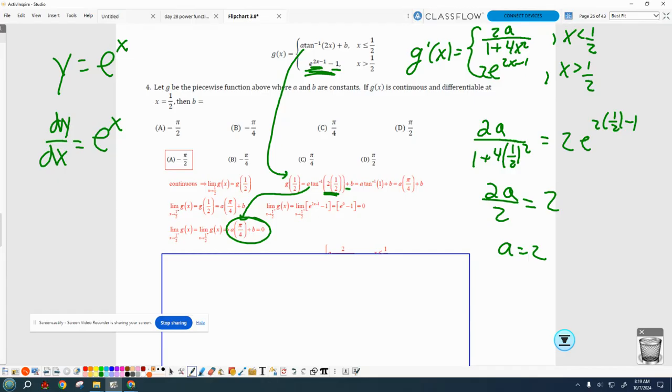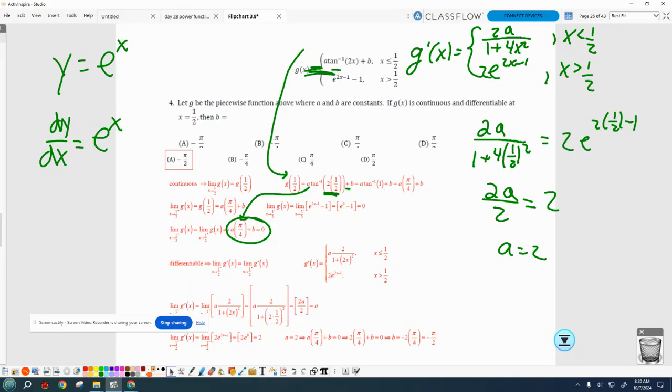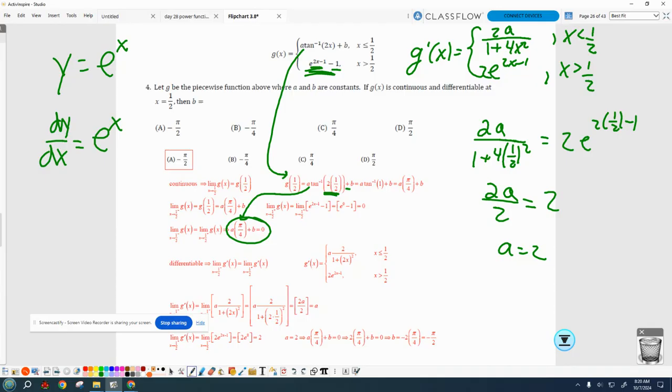No. What do we have to do to actually get b? Plug in a and go from there. All that mess. This equation and the continuity.